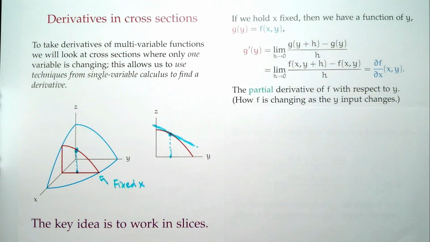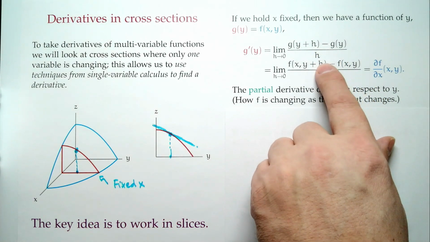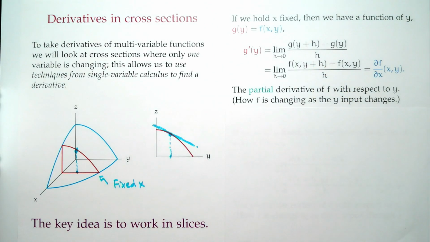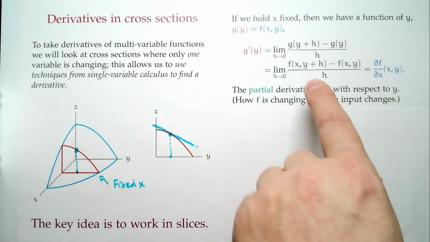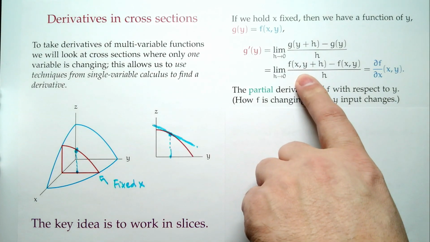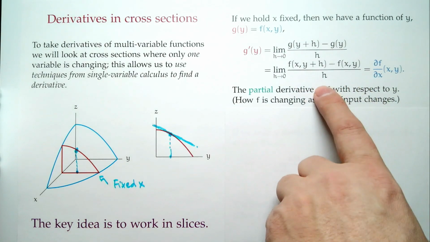And you just do what you would normally do. Plug it into the definition of the derivative: changing the output over changing the input. But of course we know g is really just f of x comma y, where x is fixed. So you put in f of x comma y plus h minus f of x comma y all over h.